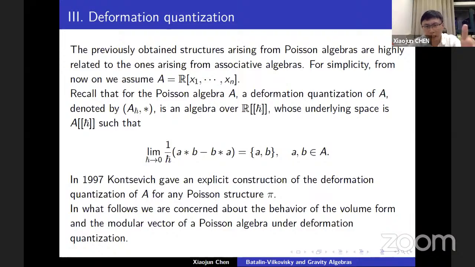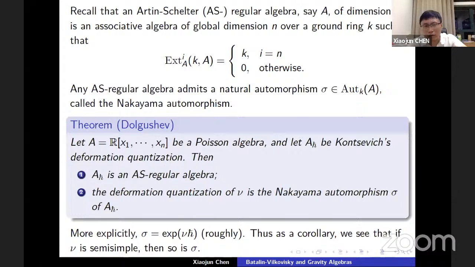So what I want to say is, if you consider the polynomial algebras, the deformation quantization has the following property. It is an Artin-Schelter regular algebra in the following sense.